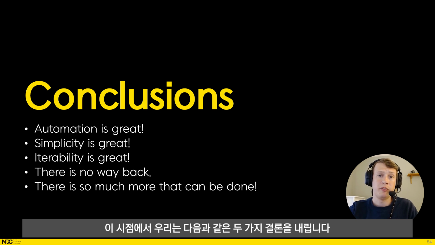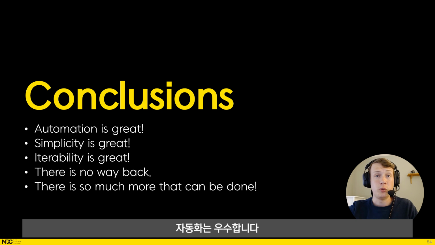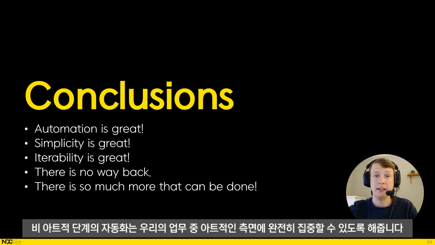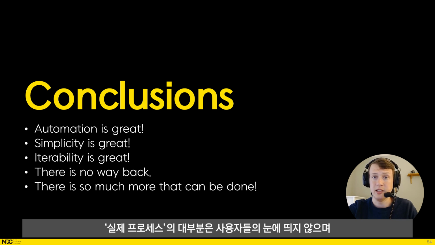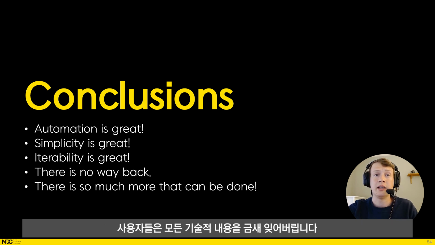Here are a couple of conclusions that we've come to at this point. Automation is great. Automating the non-artistic steps makes it possible to truly focus on the art aspect of what we do. Simplicity is great too. Most of the actual process is never seen by the user, and they can quickly forget about all the technical stuff.